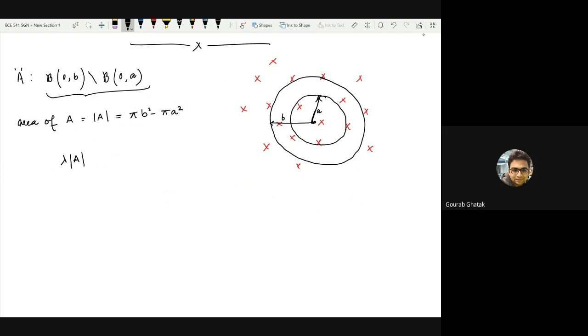For example, if we are dealing with a Poisson random variable, let's say X is a Poisson random variable with intensity or parameter lambda, which means that the probability that X takes on value n is given by e to the minus lambda, lambda to the n by n factorial, right?